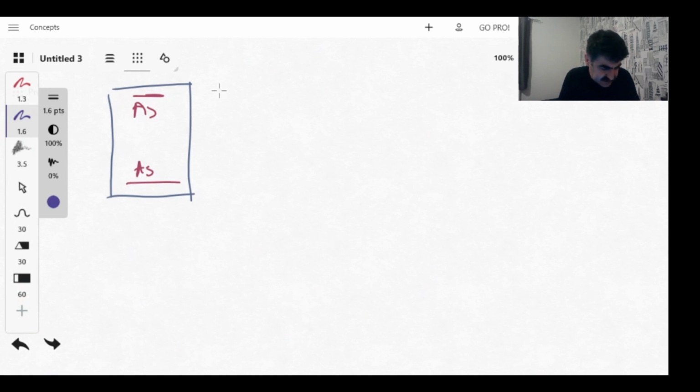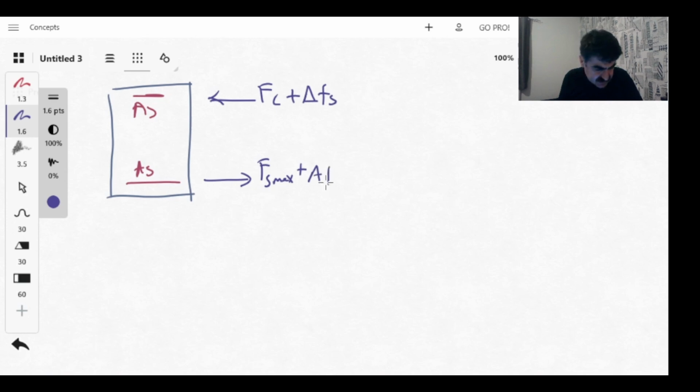Let me draw here. I will have forces Fc plus delta Fc, which will come from the extra reinforcement I put in the compression zone. Here I will have Fs max plus delta Fs.